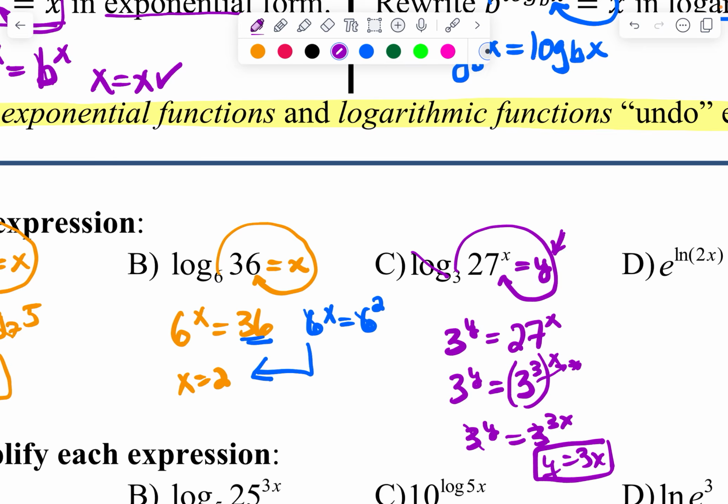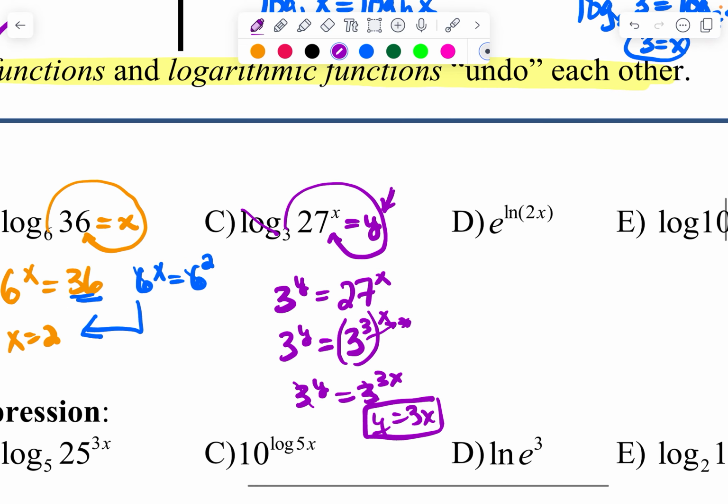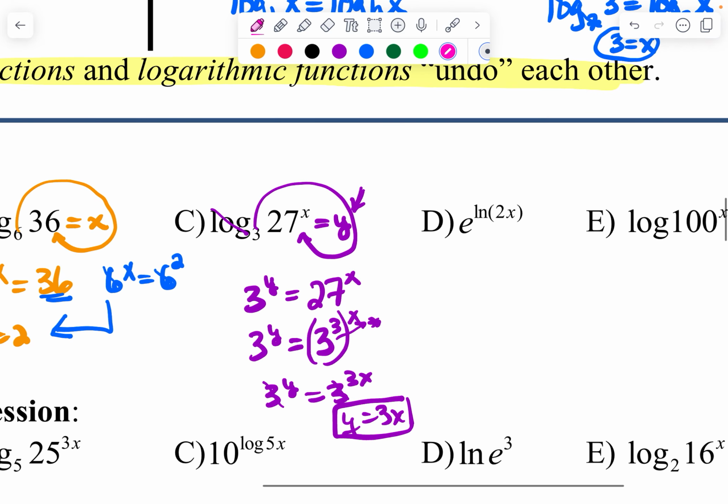Okay. Next one. e raised to the natural log of 2x. That's kind of yucky, but we're going to do it. We're going to set it equal to y since x is already taken up in there. So since this is an exponential, I have to turn it into a log.